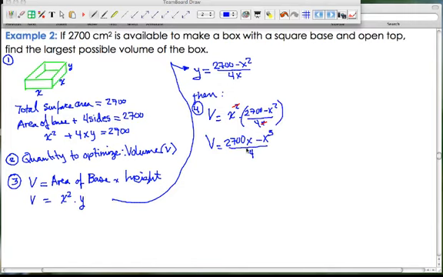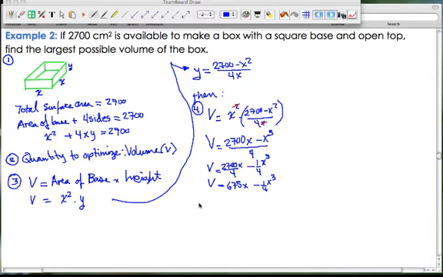We can simplify even more by dividing the first term by 4 and the second term by 4. This is 675X minus 1/4 X cubed. Now we have the quantity that we want to optimize in terms of only one variable.